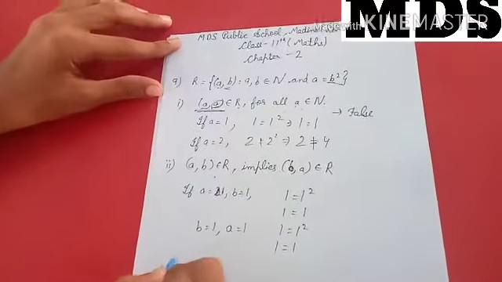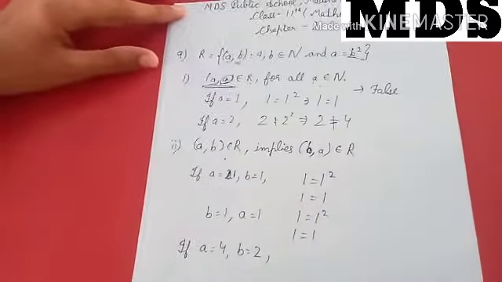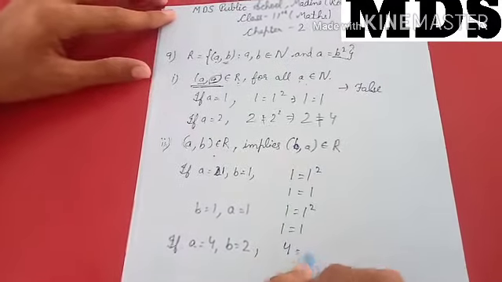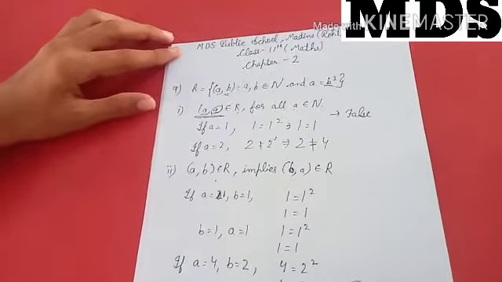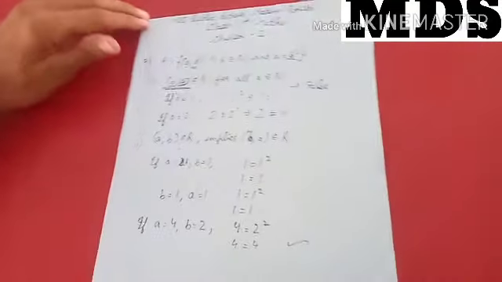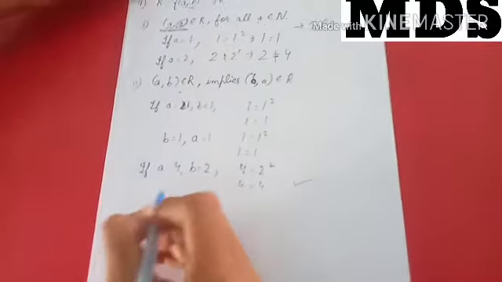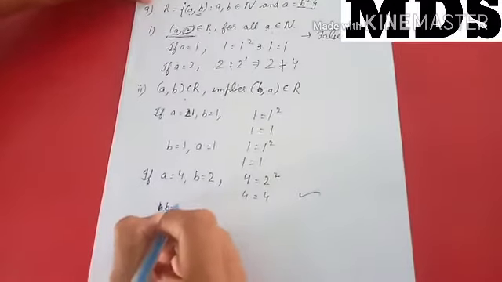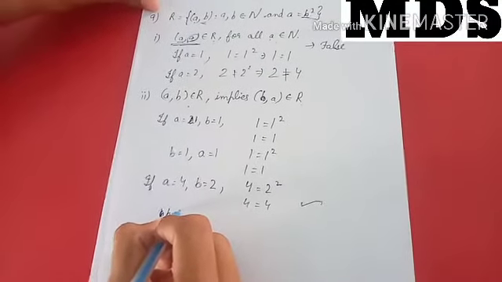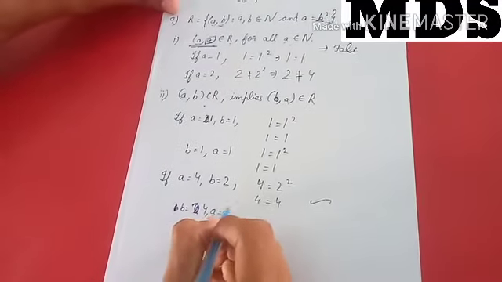But if we take a equal to 4 and b equal to 2, then 4 will be equal to square of 2, 4 is equal to 4. It is true. Now if we reverse this, that means b is equal to 4 and a is equal to 2.